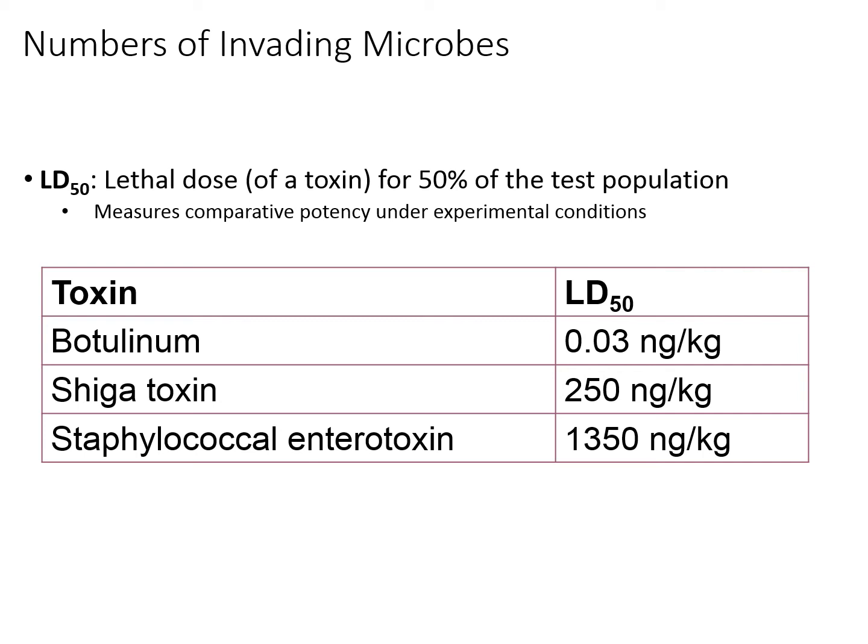You need 1,350 nanograms per kilogram. We can see by this measure that the botulinum toxin is the most potent of all of these toxins because we need such a tiny minuscule amount of toxin per kilogram in order to cause death in 50% of laboratory animals. So that's the LD50. By the way, botulinum toxin is the most potent toxin known to man.